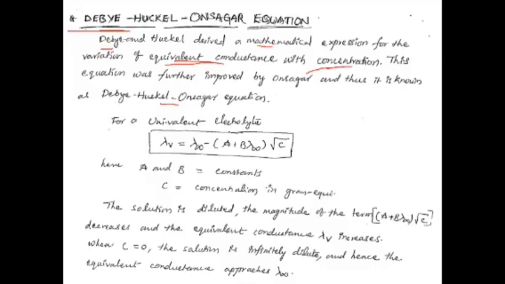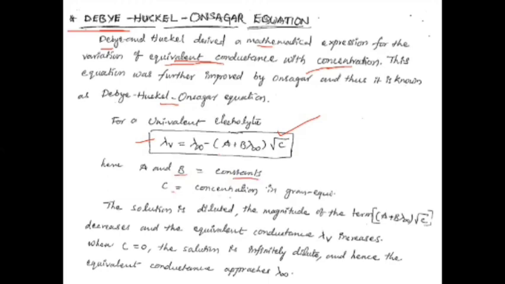So what is the mathematical expression for the Debye-Huckel-Onsager equation? Here it is: lambda v is equal to lambda infinity minus (A plus B lambda infinity) into square root of C. Here A and B are constants.